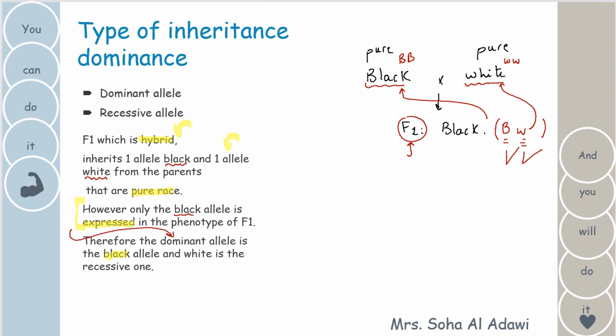And please pay attention and notice that in the case of dominance you can only have two phenotypes, only two forms, which is in this case black or white. We don't have a third phenotype. Okay?